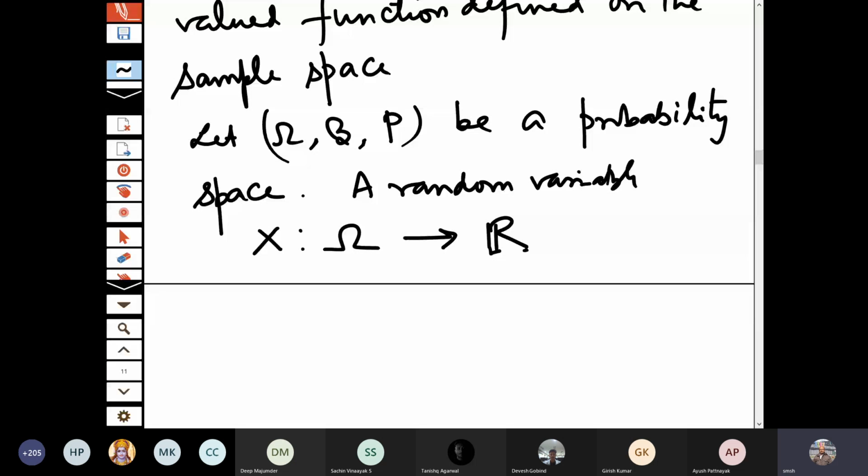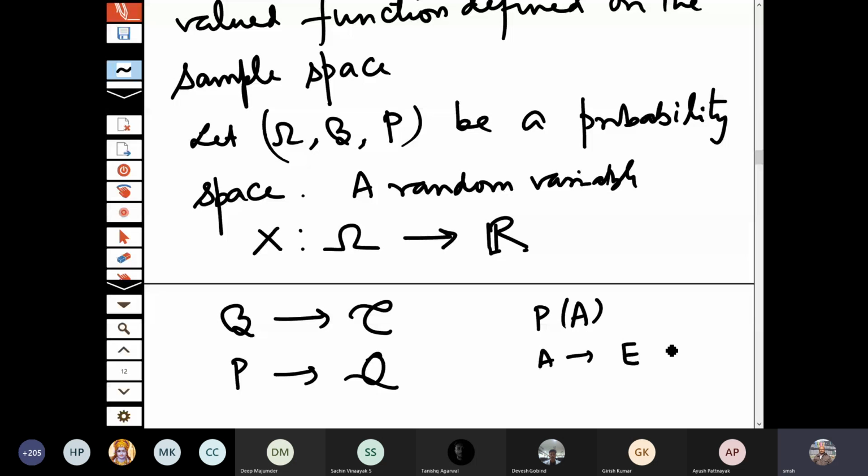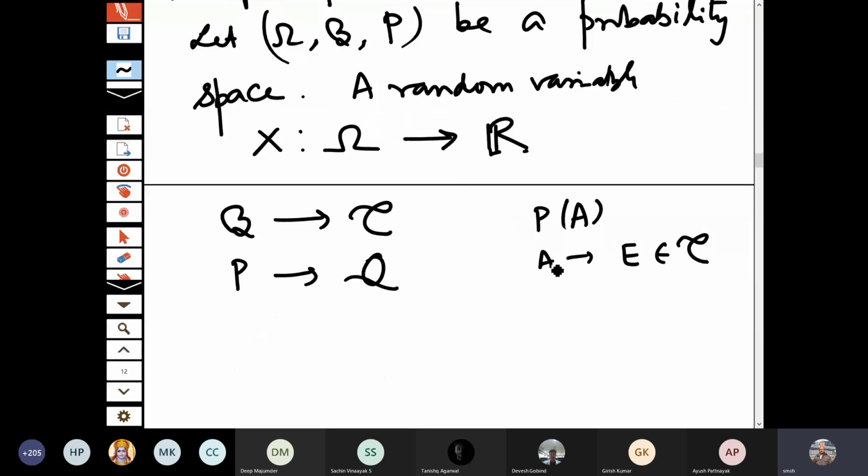So this omega goes to R, so B goes to something called say C, and then this P goes to Q, because we were defining probability of A here. Now corresponding to A there will be a set here. Suppose A goes to a set E belonging to C, because A is a set of certain outcomes, a subset of the sample space.